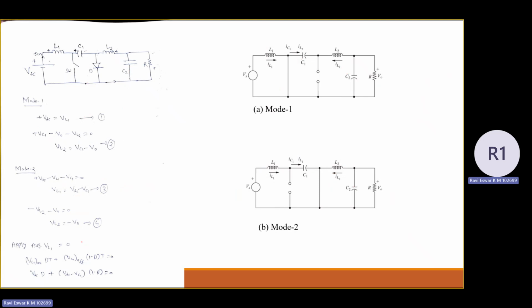So finally, you can see there are four equations. The first two equations are with respect to mode 1. The second two equations, that is equations 3 and 4, are with respect to mode 2.